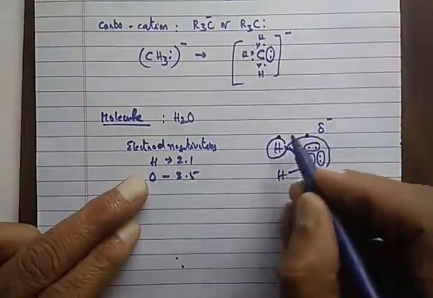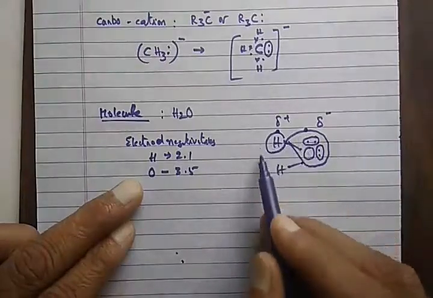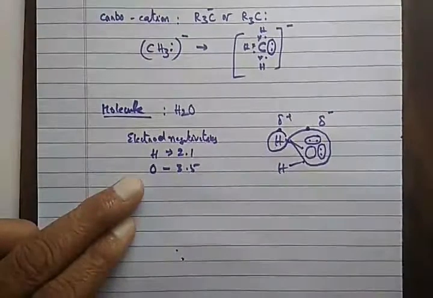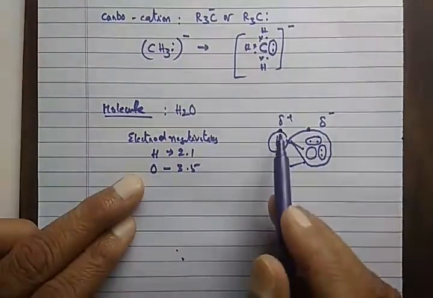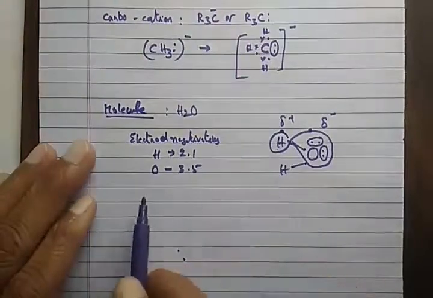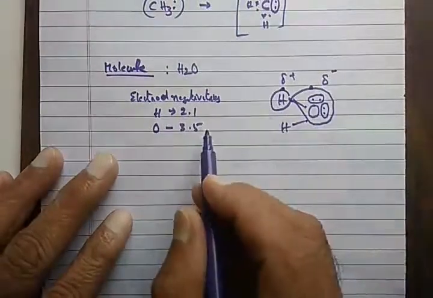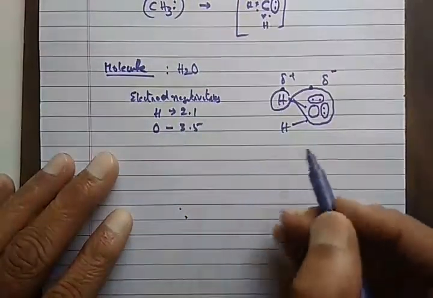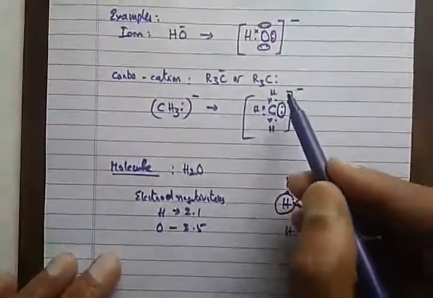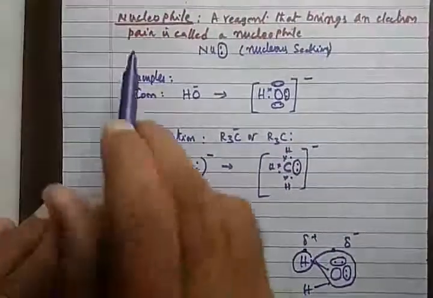So the oxygen will have a slightly negative charge and the hydrogen a slightly positive charge, like I discussed earlier. This description is only for explaining purposes. This is not a real thing. Because of this, the water molecule will have a slight negative charge on the oxygen, similar to these ions. So that way it is qualified as a nucleophile.